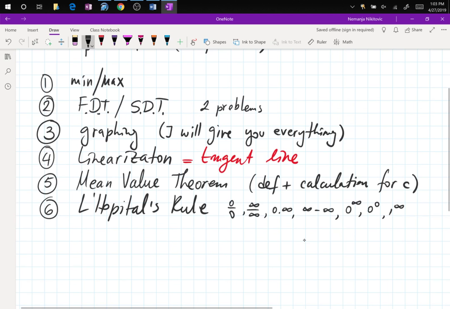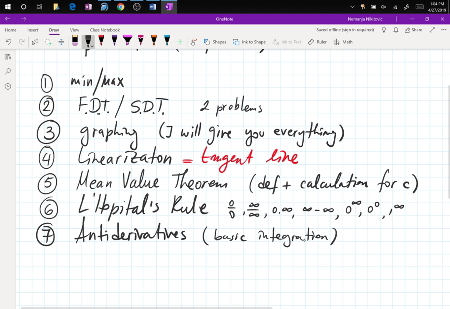L'Hopital rule. 7, anti-derivatives. I'll just put basic integration. Your definite integrals with limits and calculating, they're not part of this. That's 5.2, right? So they're not part of this. These are basic integrals, and here it's plus C, or -1.